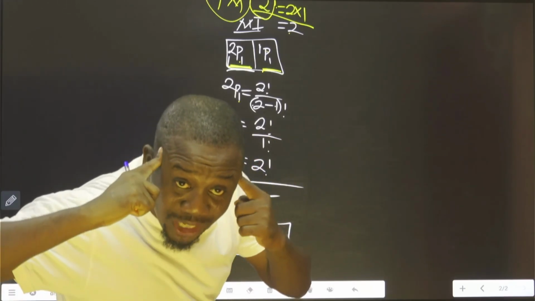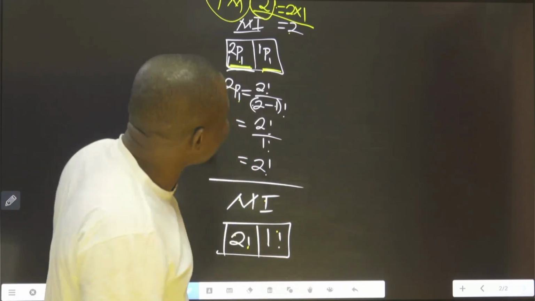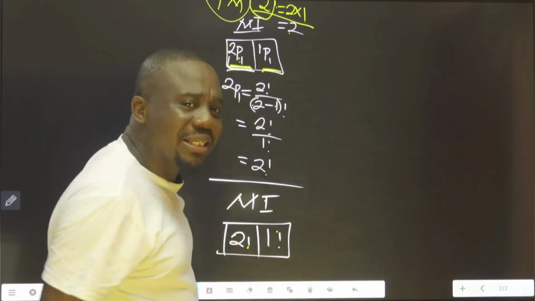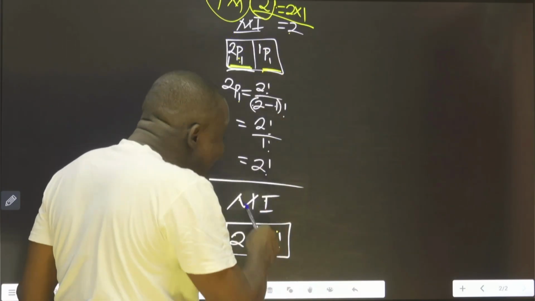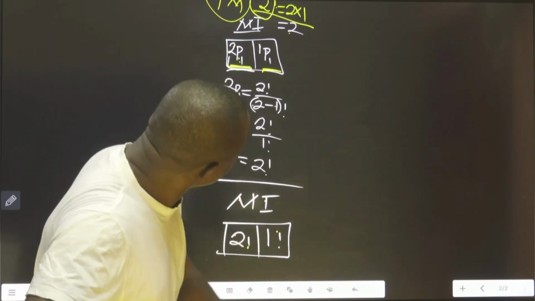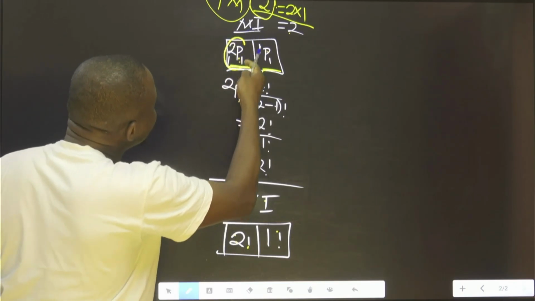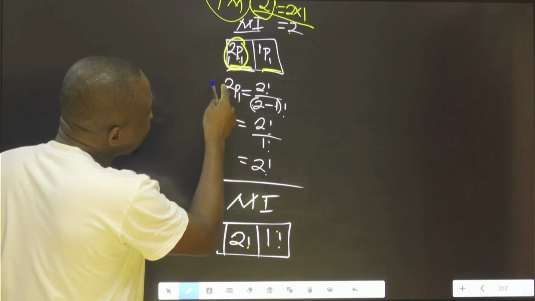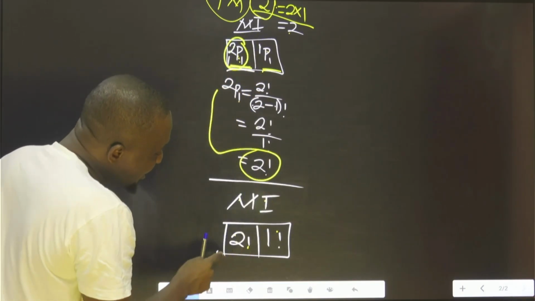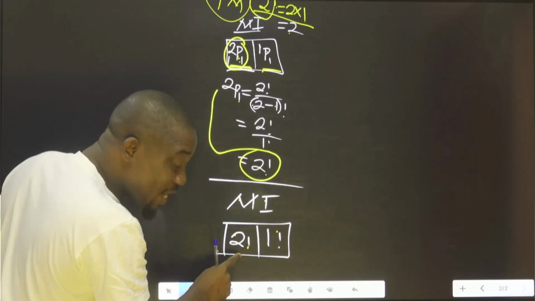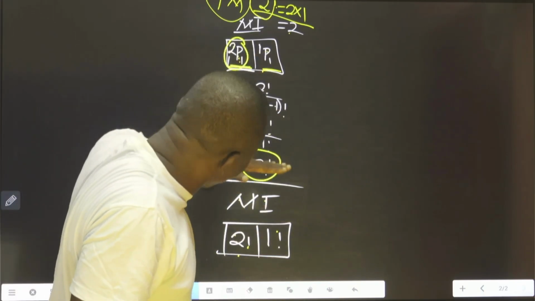Your next confusion is, but you just told me that this is 2 permutation 1, and 1 permutation 1, they are the same. I want to ask you, when we solve for this 2 permutation 1, what did you have at the end of the day? Is it not 2 factorial? I'm still jumping this step now.